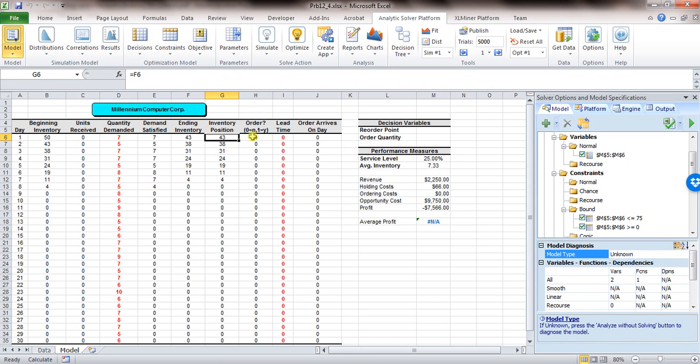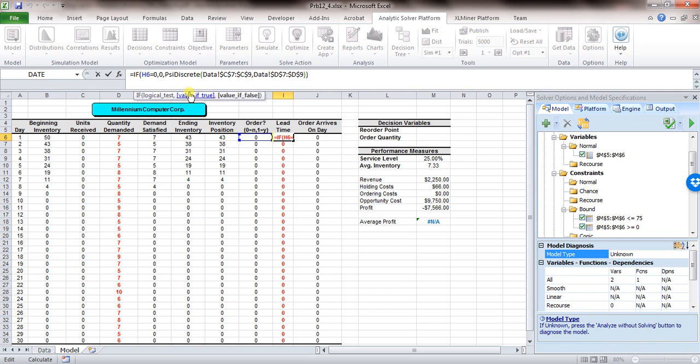An order will happen based on whether the inventory position is less than the reorder point or not. If it is less than the reorder point, then there will be an order. And then this is the lead time. Lead time is the shipping delay. If there is no order, then this is 0.